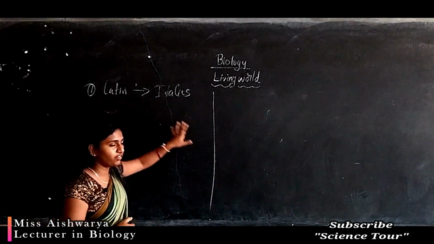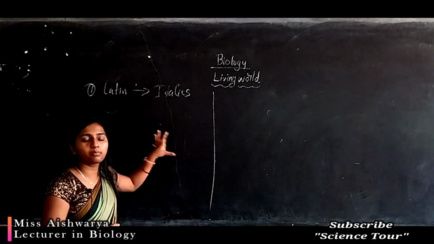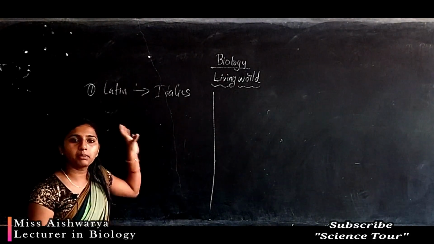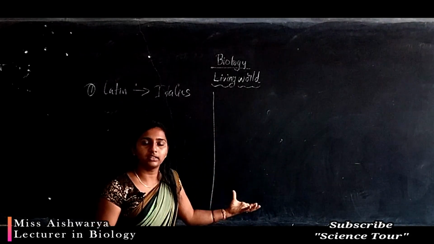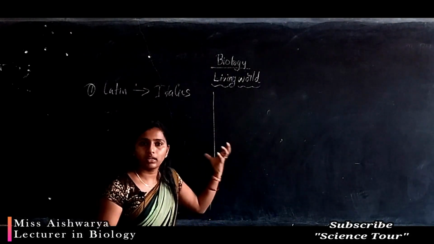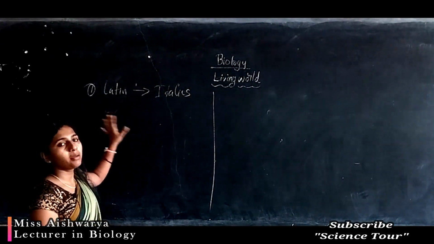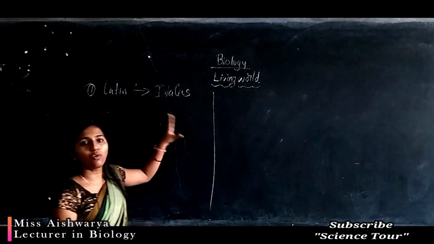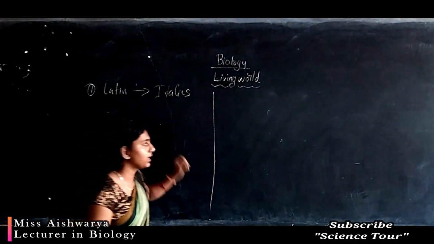Always in the scientific name we should use the Latin language irrespective of its origin. It may originate in any part of the country or any part of the earth, but it should always be Latinized or in Latin language, because this rule is universally accepted.